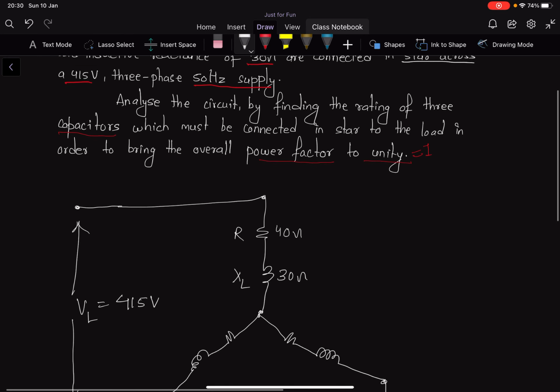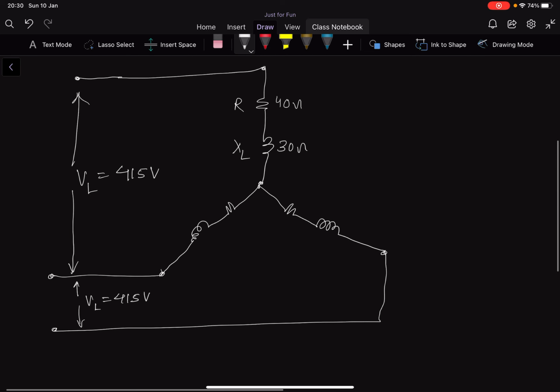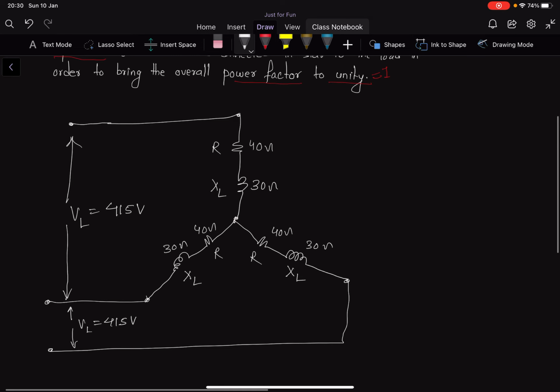And since it's a balanced load, we have the same value of R and XL in each phase, 40 ohms and 30 ohms. Okay, all right. So this is our circuit for three phase.